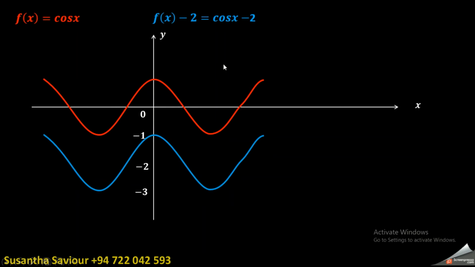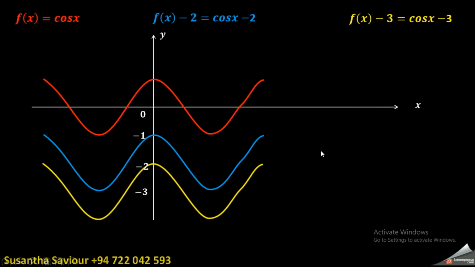Okay, we will look at another example, f(x) minus 3. f(x) minus 3 means this original graph will move down by how many points? 3 points. Then this 1 will come and sit here, at minus 2.